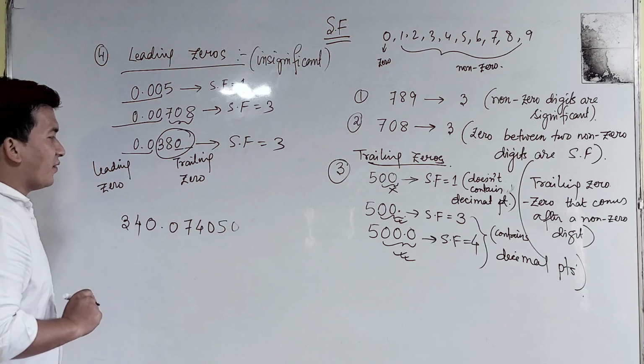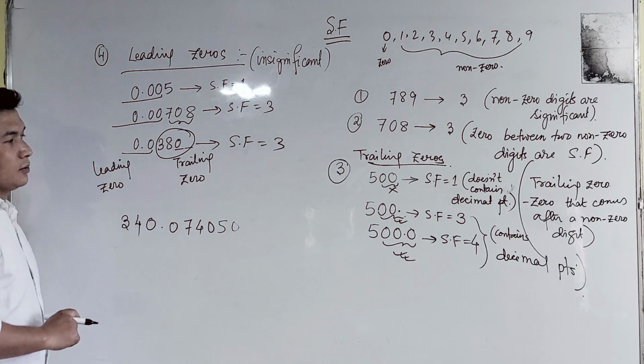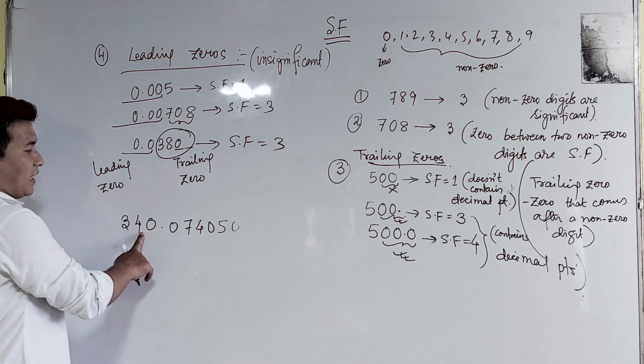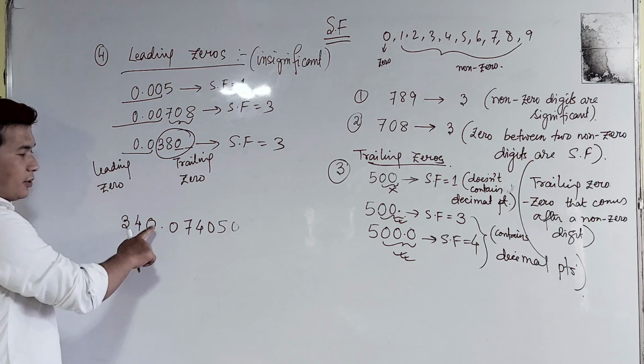How many significant figures are there? The significant figures will be 1, 2, 3, and the zero is also counted.